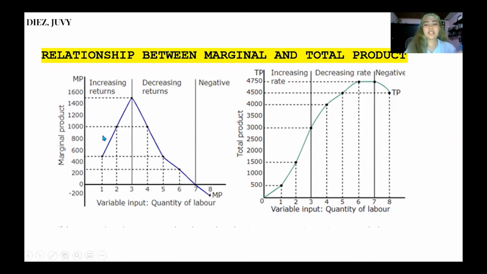So as you can see in the graph, as the marginal product increases, the total product also increases at an increasing rate. When the marginal product decreases, the total product increases at a decreasing rate. And then when the marginal product is negative, the total production declines.